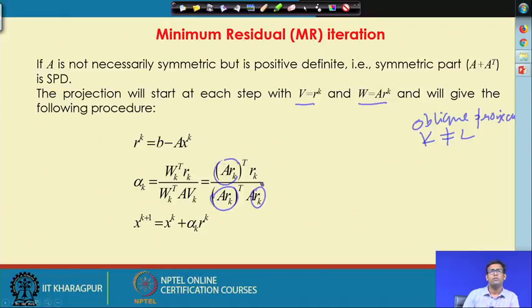So we get a newer value of alpha k, which is A R k transpose R k over A R k transpose A R k, and we update x k plus 1 as x k plus alpha R k.